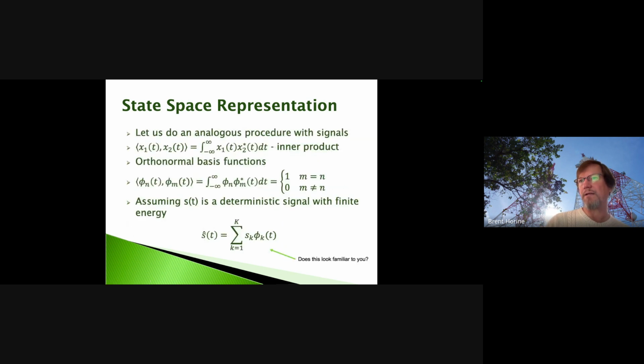Now maybe you've been thinking about this a little bit. This looks a lot like a Fourier series expansion, right? So this could be the e to the j omega n t type of thing, and you would have a whole bunch of different basis functions.